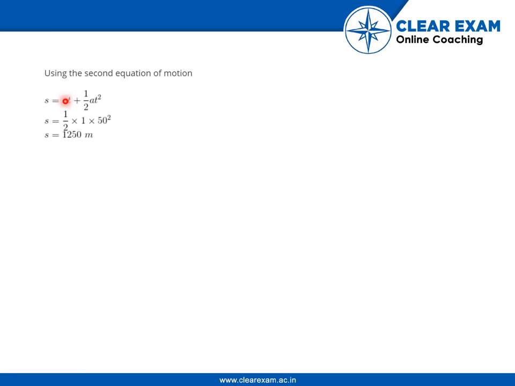So if u is equal to 0, that means we are left with the second part of the formula, which is S is equal to half at square. Now put the values here and you get the S, that is the distance. And as we know, we need to find out this distance. So the answer to the question is 1250 meter. Hope you understand. See you in the next one.